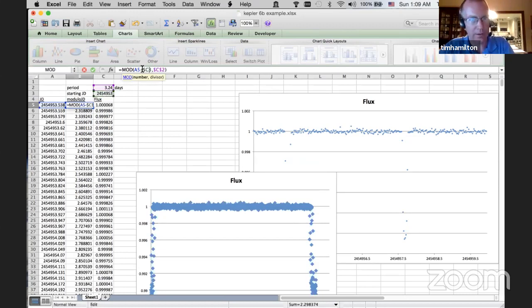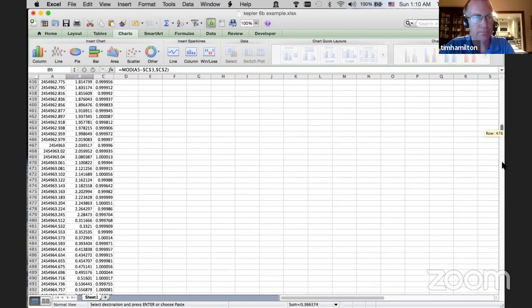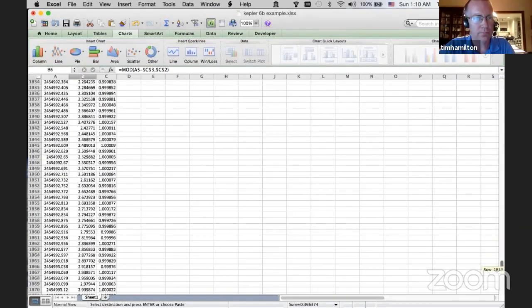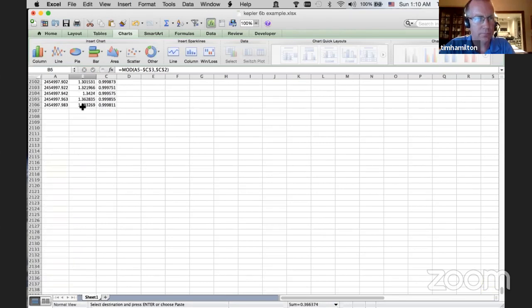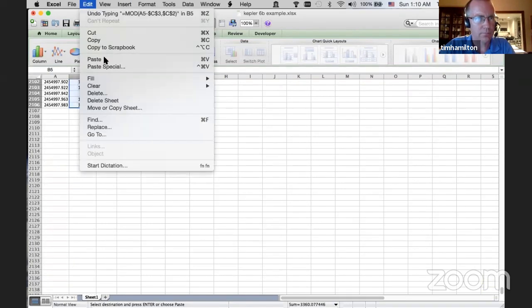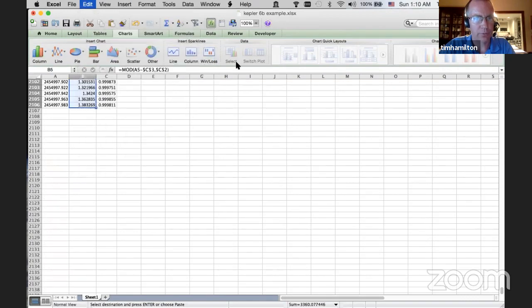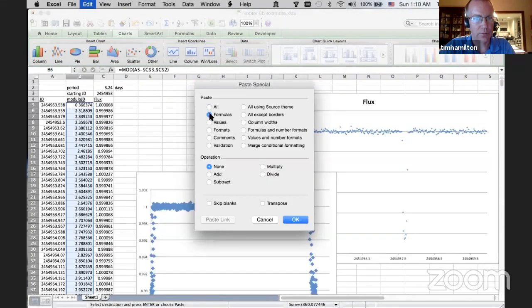And I'm going to make that an absolute address. Okay. So now copy that and I paste it down. Again, you don't have to do that with TopCat. Paste special and formulas.